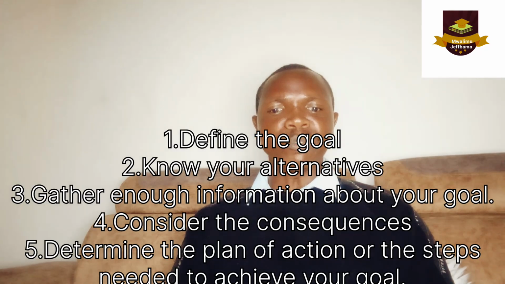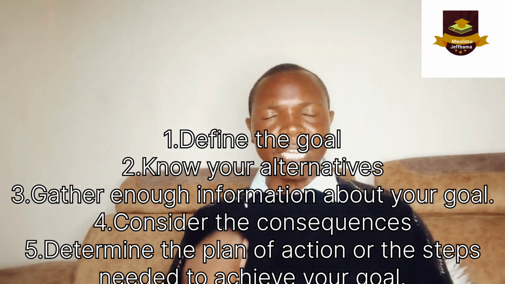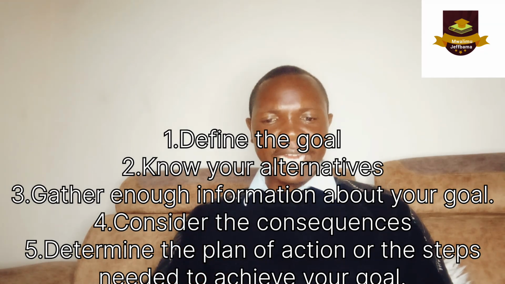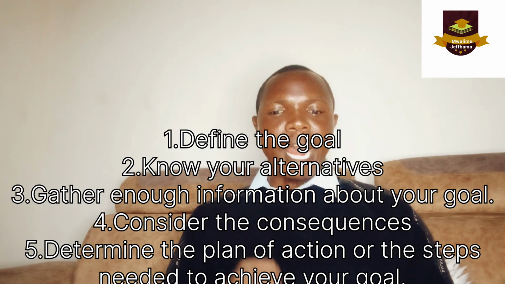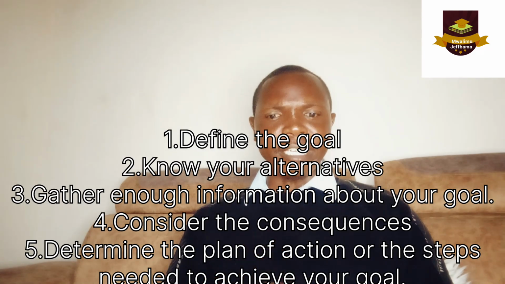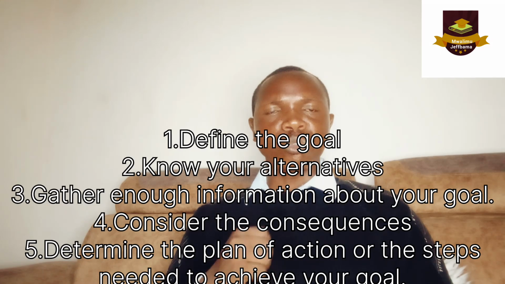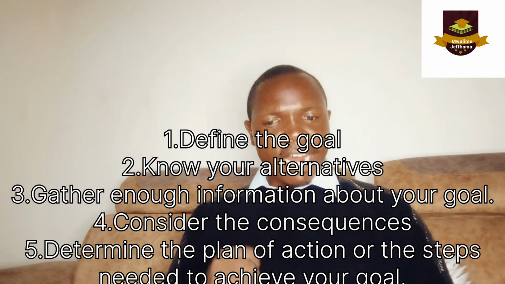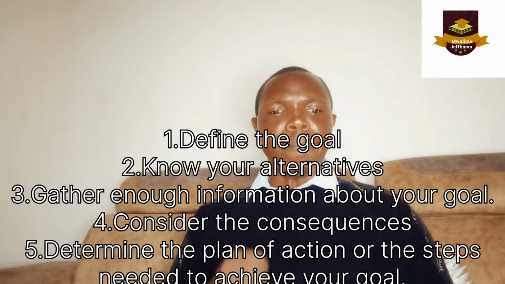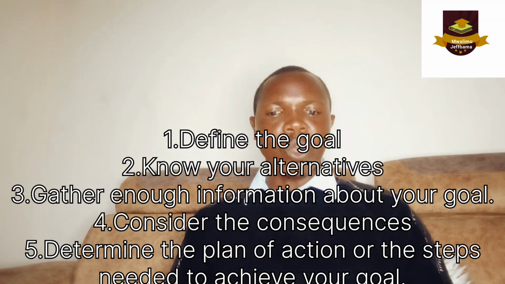Secondly, you have to know your alternatives. Thirdly, you must gather enough information about your goal. Another thing you have to consider is the consequences. Another thing is to determine the plan of action or the steps needed to achieve your goal.